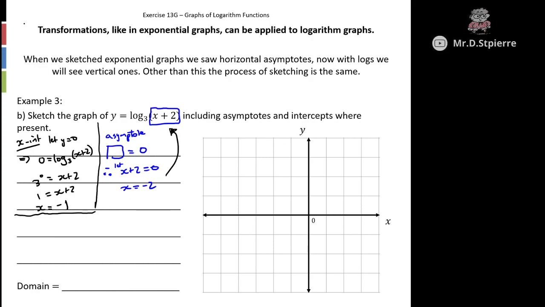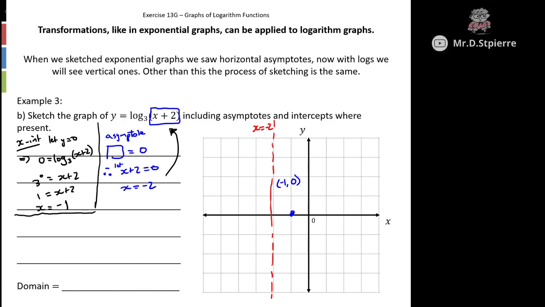So let's sketch in what we have so far. So that's x equals negative 2. And we also had a coordinate point at negative 1, 0. So there, negative 1, 0 is our point.